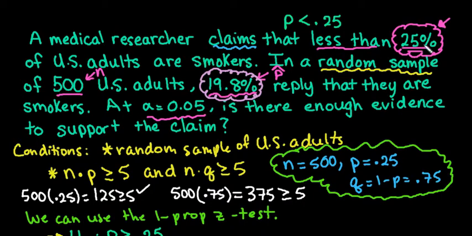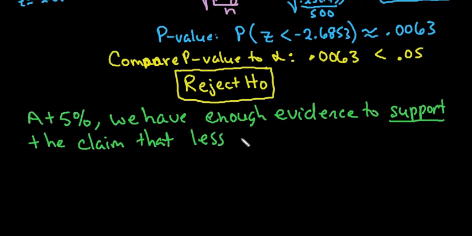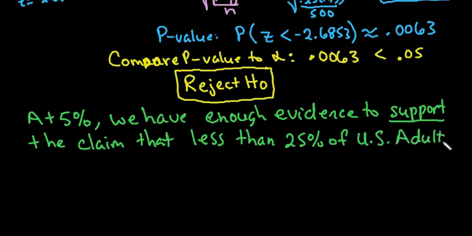So the claim is less than 25% of US adults are smokers. So that's all you have to do so that you give the context. We have enough evidence to support the claim that less than 25% of US adults are smokers.